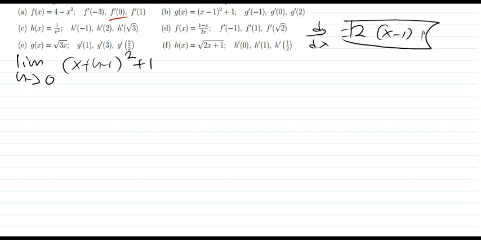I didn't put 1. Then minus the original function. So the original function I need to put the brackets, x minus 2, then squared, then we'll have plus 1, like that. Yes, everything divided by h.